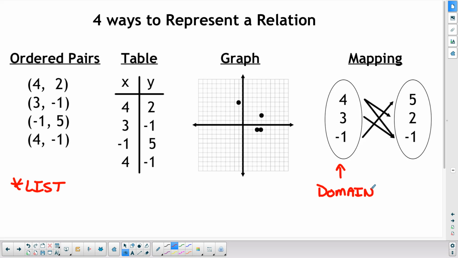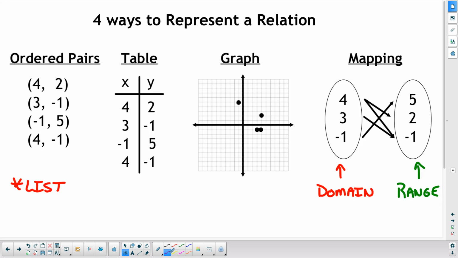But if you go a circle, make sure you get all of them in there. Then it takes all of the elements of the range and puts them in another circle. And then you just connect those elements as they see fit.